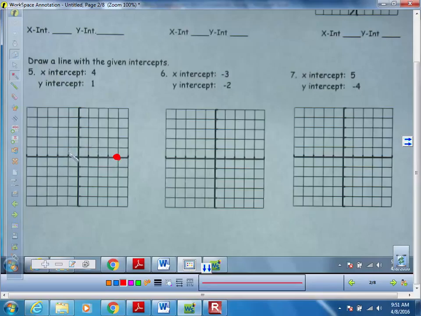Then for the y-intercept, that's got to intersect the y-axis. So I'm going to go either up or down. Do I go up or down since it's a positive 1? You go up 1. Okay? And then we would draw a line through those two.